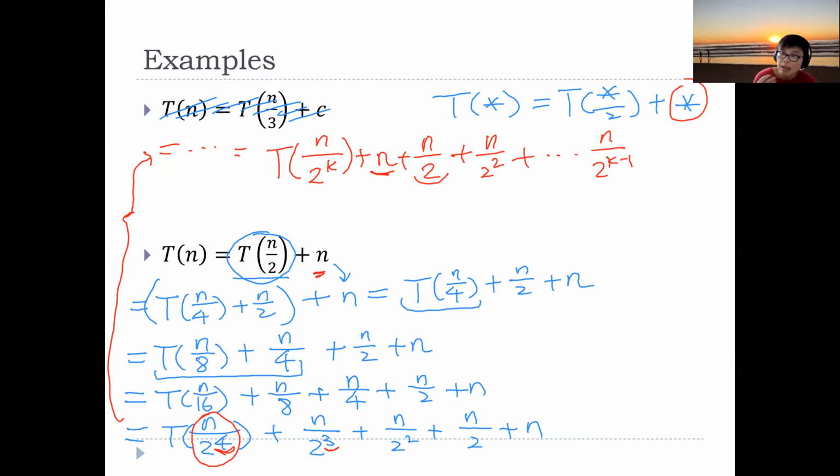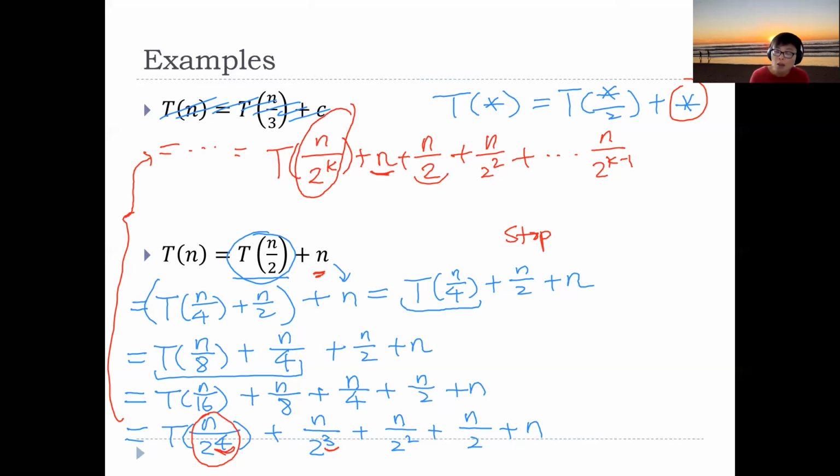Now, when do we stop? Same story. Your stopping is always determined only by what's inside the parentheses for T. It's not this; what's happening here has nothing to do with your stopping criteria.